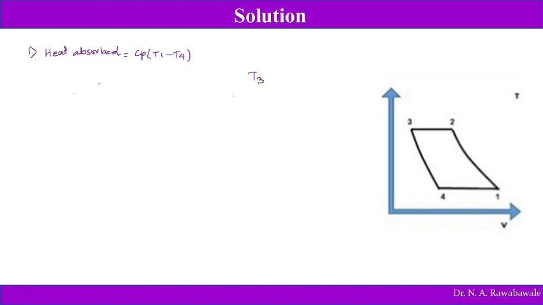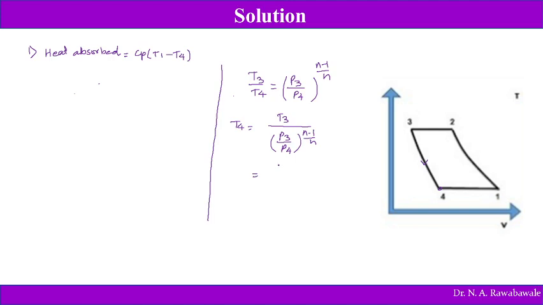So T3 divided by T4, applying the polytropic law to this process 3-4, you can write T3 divided by T4 is equal to (P3 divided by P4) to the power of (n minus 1) divided by n. So here T4 is equal to T3 divided by (P3 divided by P4) to the power of (n minus 1) divided by n.